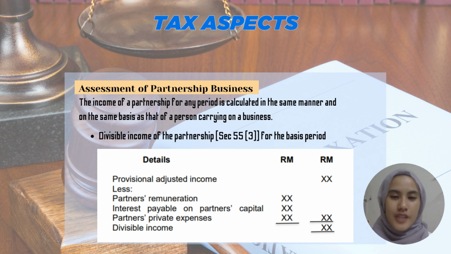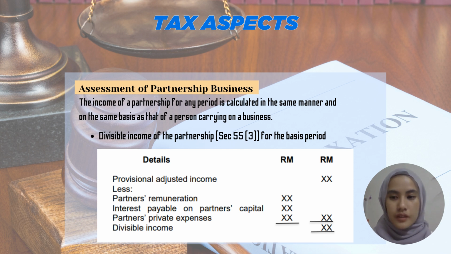Next, we will look into tax aspects. The tax aspect is just about the assessment of partnership business, so I'll be showing you one of the assessments in partnership. The income of a partnership for any period is calculated in the same manner, on the same basis as that of a person carrying on a business.